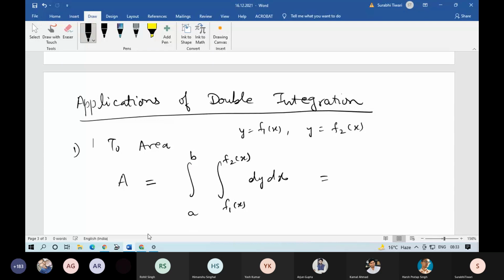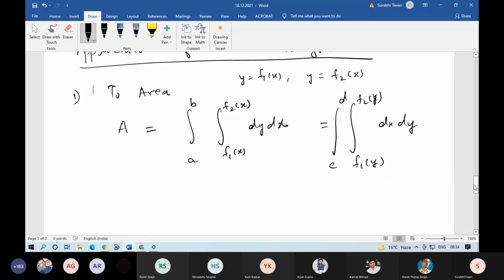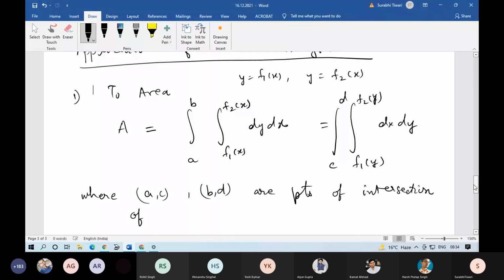Or, if you are changing the order of integration, that is dx dy, then x is equal to f1(y) to f2(y), and you have to find out the points of intersection of these two curves, where A, C and B, D are points of intersection of these, y is equal to f1(x) and y is equal to f2(x), or f1(y), f2(y).